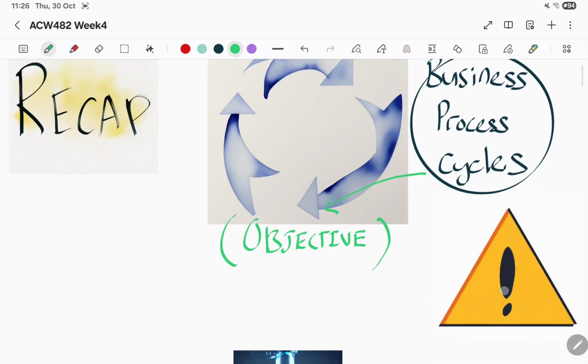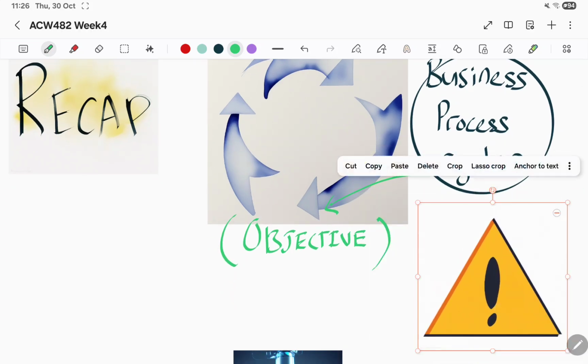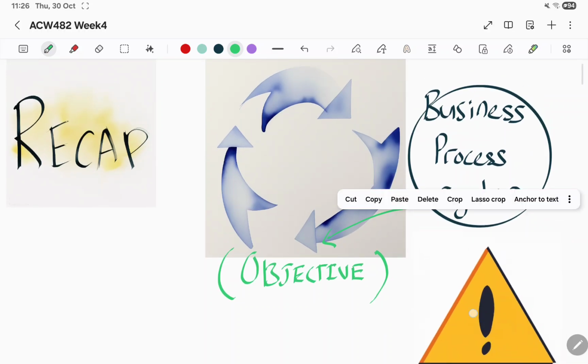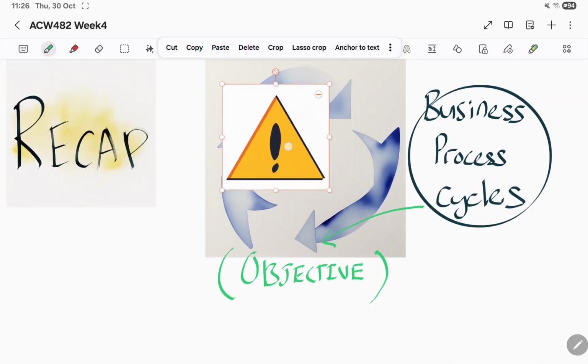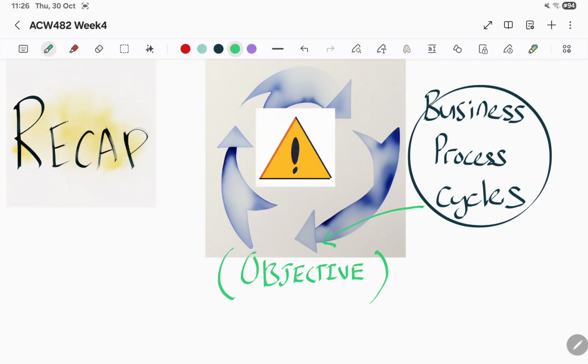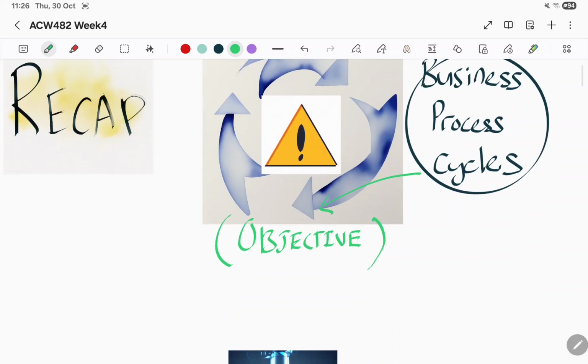But the problem comes in if this process got some error, or some issue in the process. For example, the customer did not receive the goods, or the customer received the goods but you didn't issue the invoice to the customer.